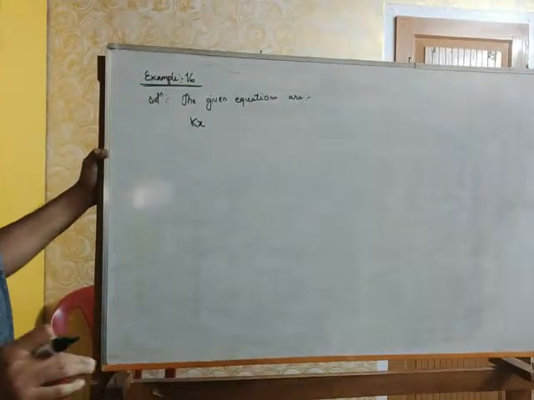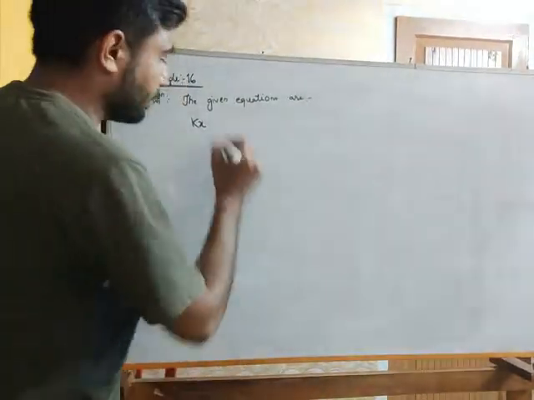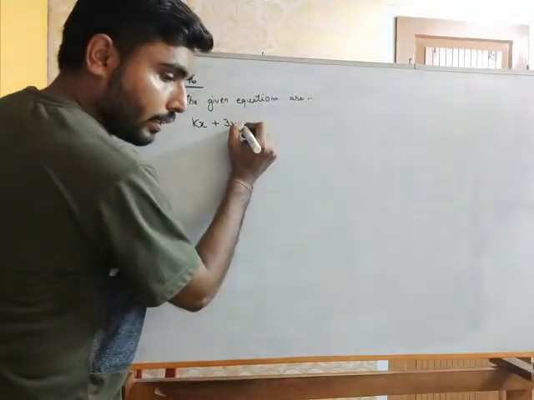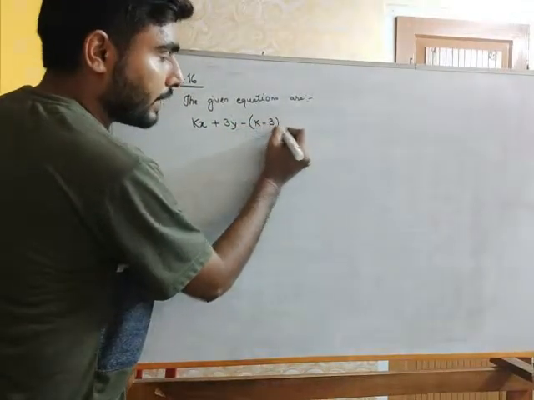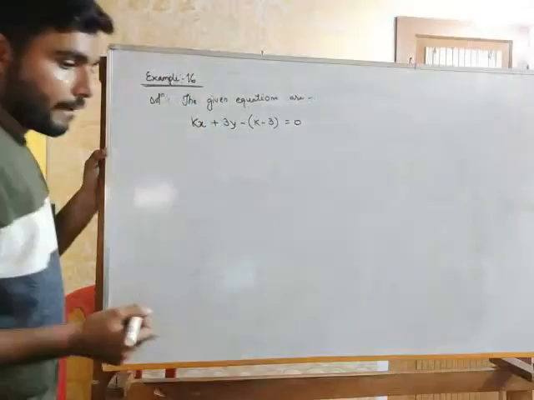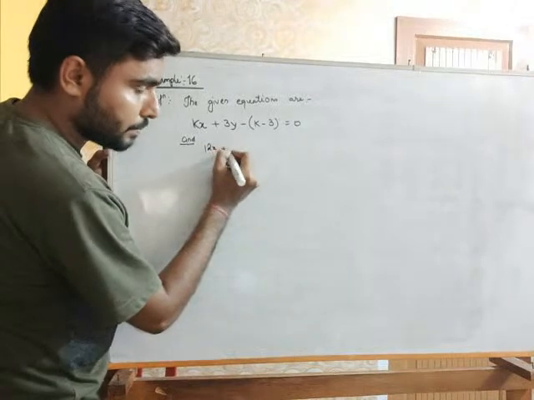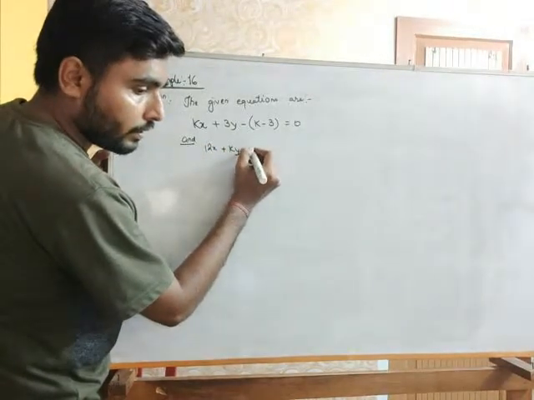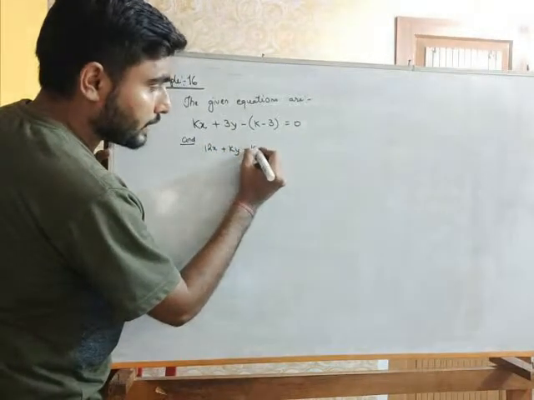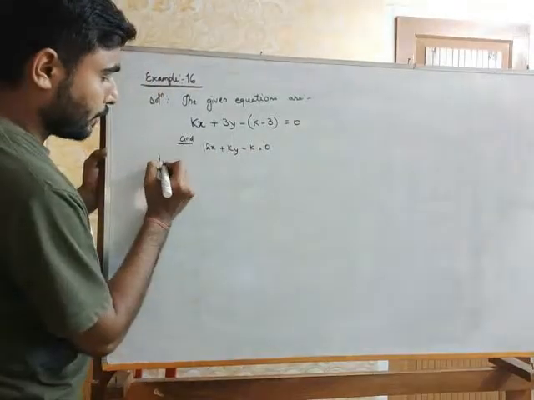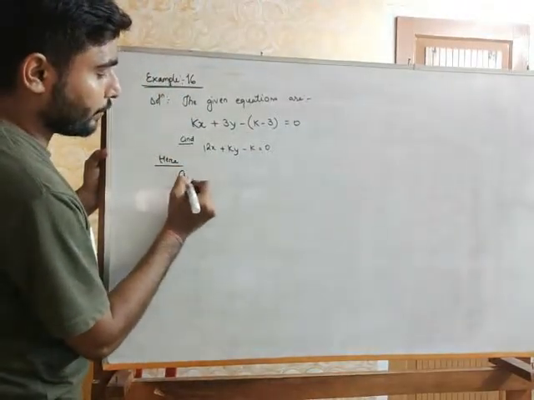Chances are there. The first equation is kx plus 3y minus of (k minus 3) is equal to 0. And the next equation is 12x plus ky minus k is equal to 0. So here you can see what the value of a1 is.